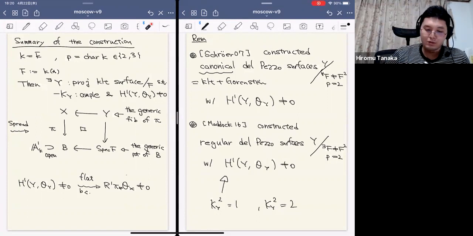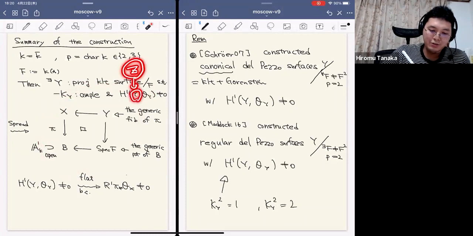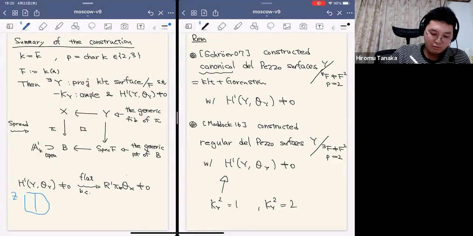As you mentioned, I think this comes from Z to Y, and this is not geometrically normal. This is also not geometrically normal because we have this picture like this.